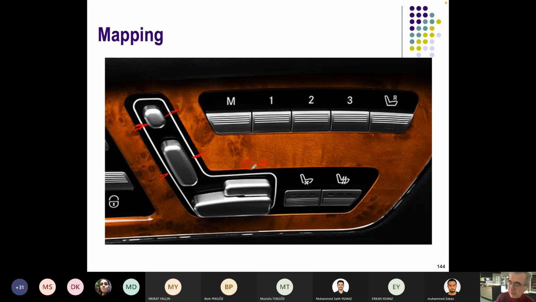So it is correct mapping. There is no confusion. There is no selection from the menus. Just hold it and move it. And these are the memories for different drivers.